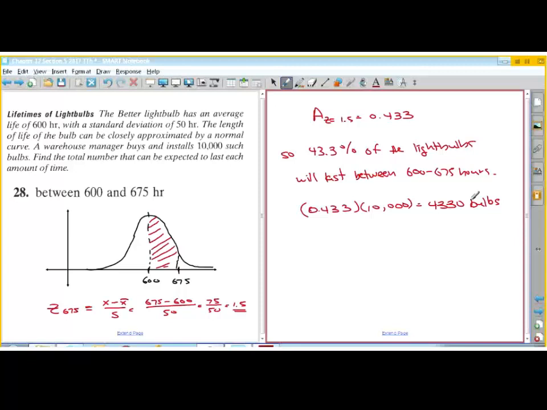So how would you use this data besides just saying, well, that's interesting? If you were the warehouse manager, or say in the school here, you've got all these light bulbs through the school, and you know that they last a certain amount of time.